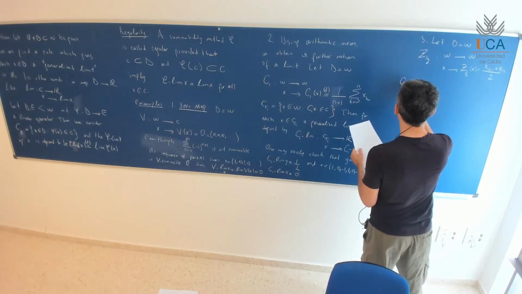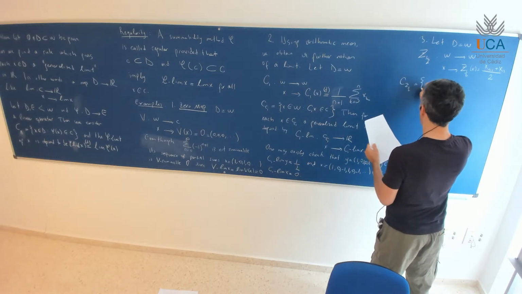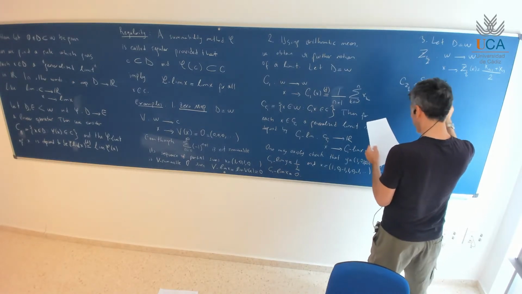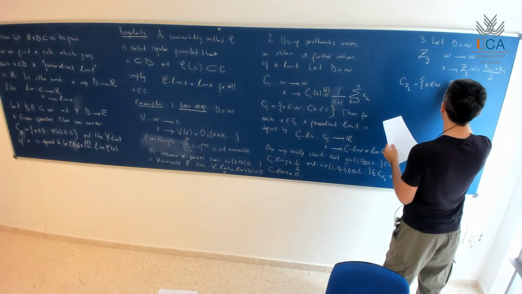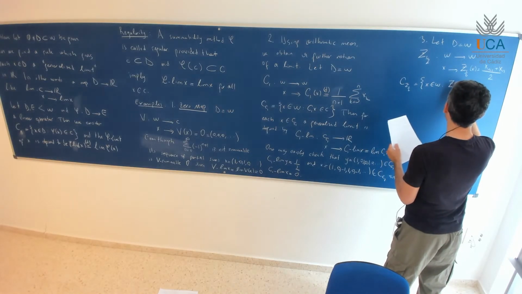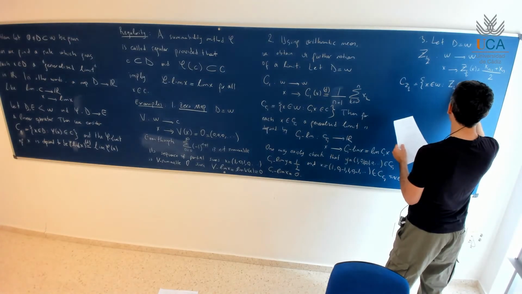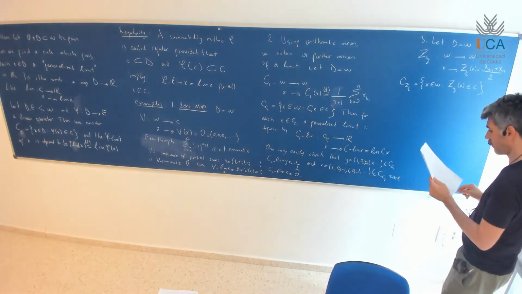So C ∩ Z1/2 consists of sequences from omega such that Z1/2 of x is in the space of all convergent sequences.